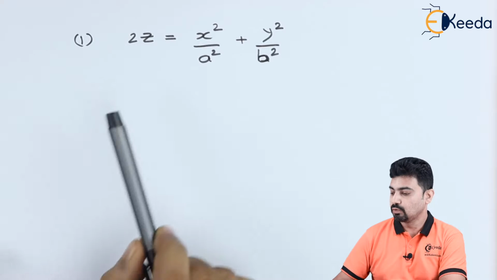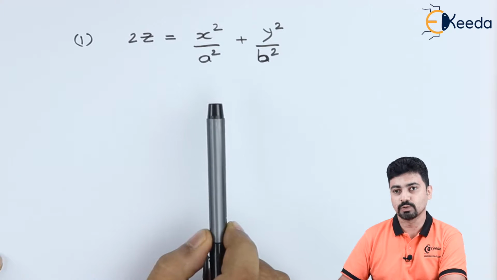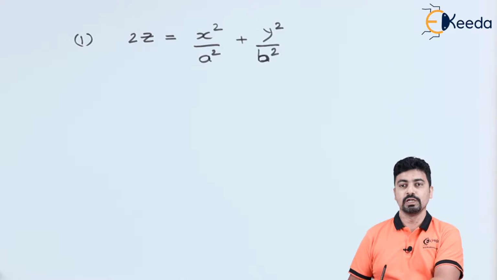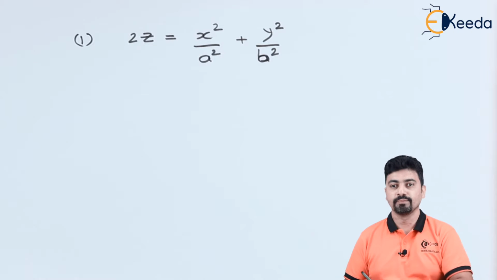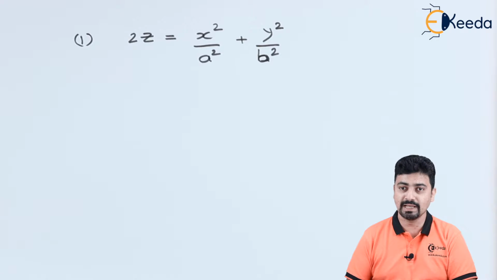We have 2z is equal to x square by a square plus y square by b square. Let us form a partial differential equation using the given expression. Let us first differentiate z partially with respect to x as well as partially with respect to y.